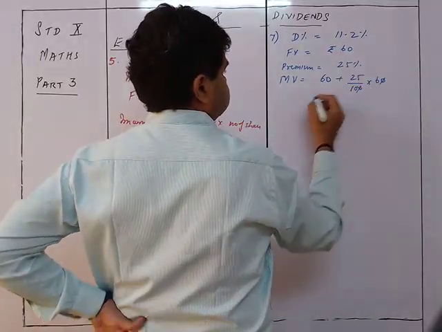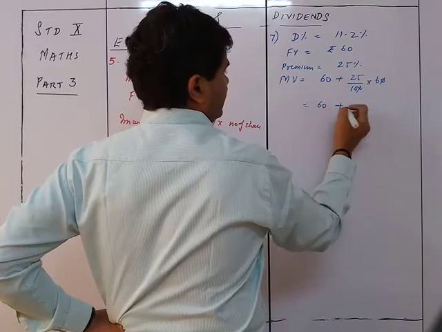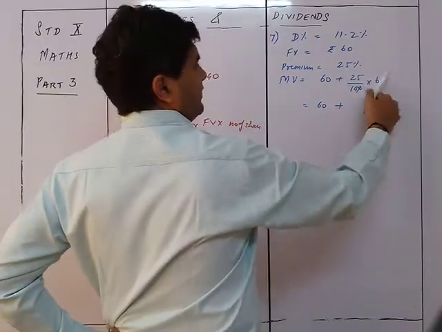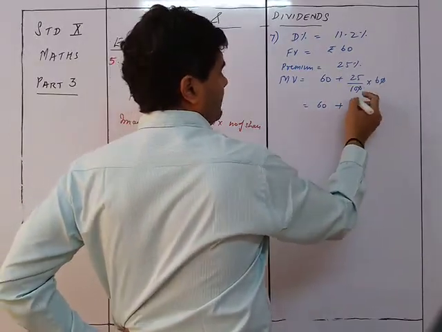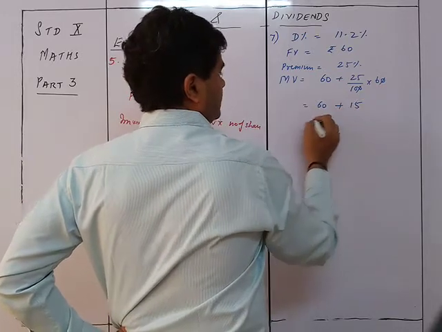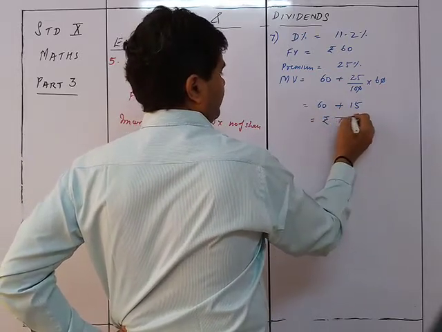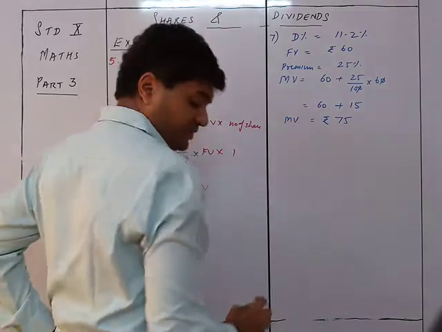So that will be 60 plus, this will be 25, 6 is 150, so 150, that will be 15. So that is rupees 75. So MV is going to be rupees 75.